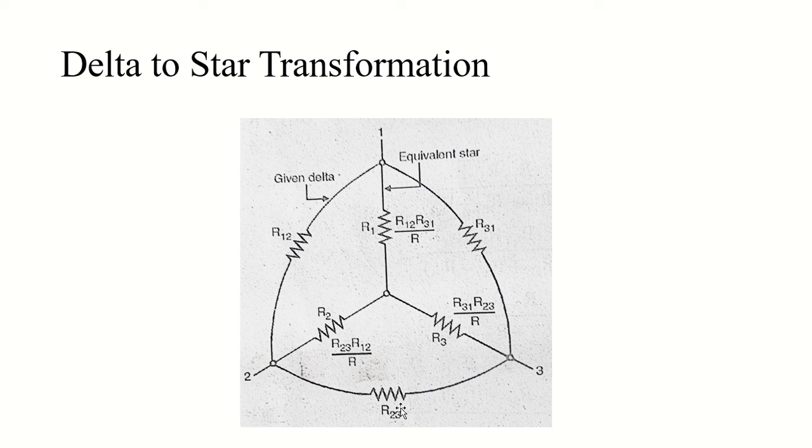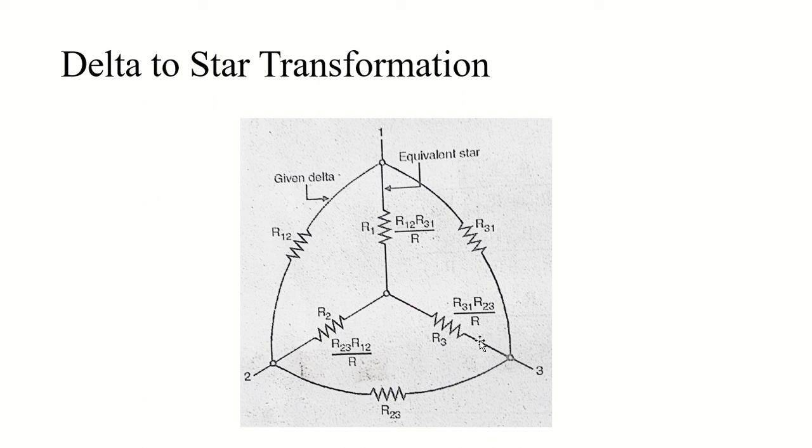Okay, so if you want to find the resistance between R31 and R12, which will be called R1 of course, we will multiply R12 into R31 divided by whole R. Here whole R is equal to the sum of R31 plus R23 plus R12.